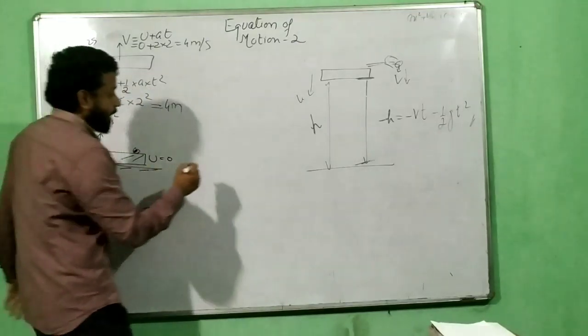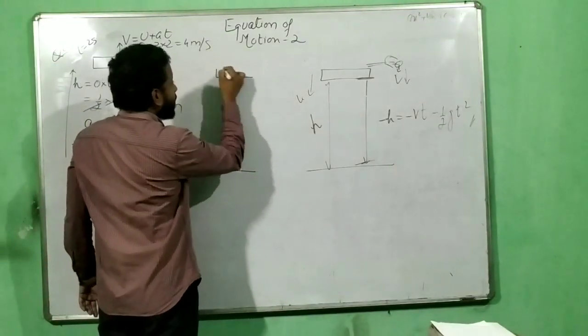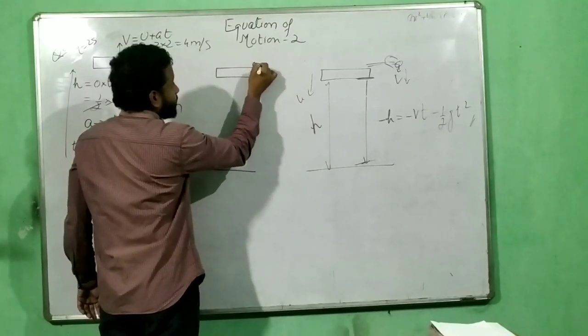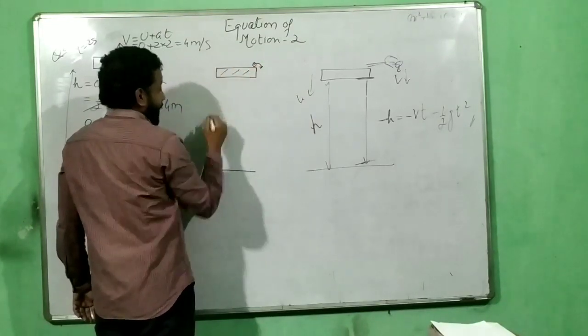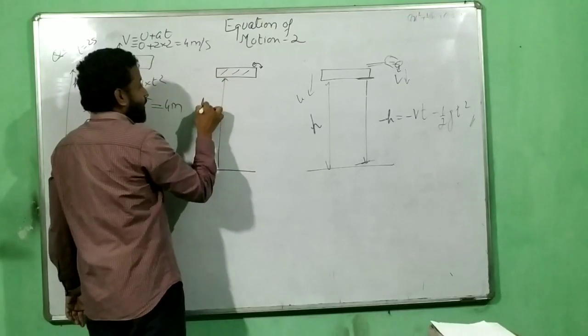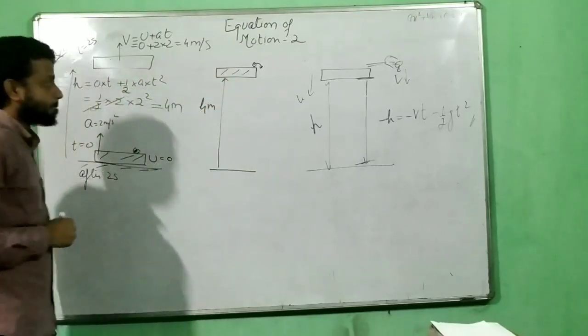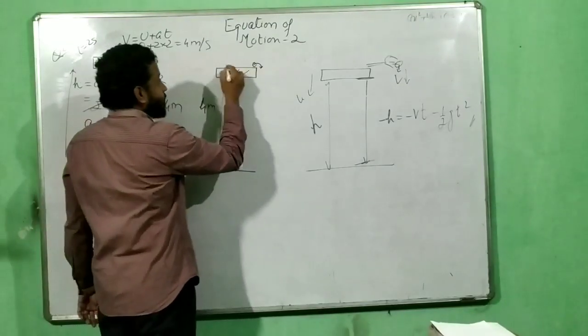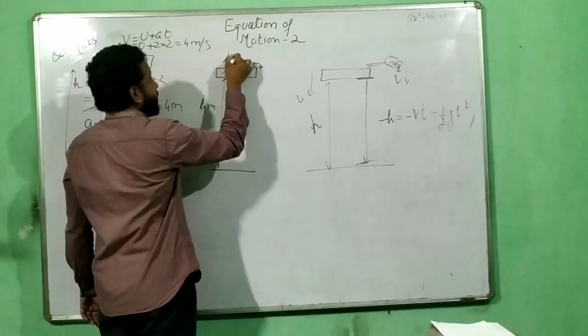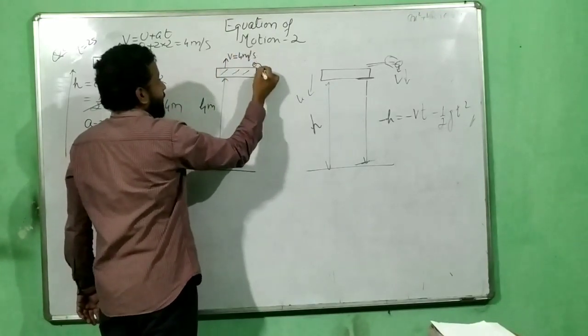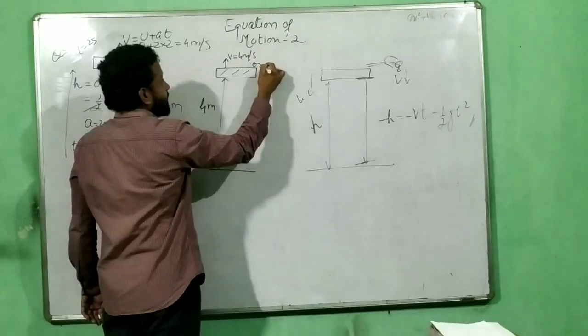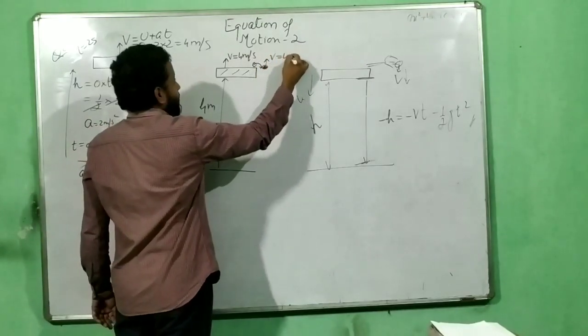So what I have understood is that the ball which is now supposed to be released from the moving platform is being released at a height of 4 meter. And at the time of releasing it, the platform has a velocity of 4 meter per second. That means this ball upon releasing is having a velocity of 4 meter per second.